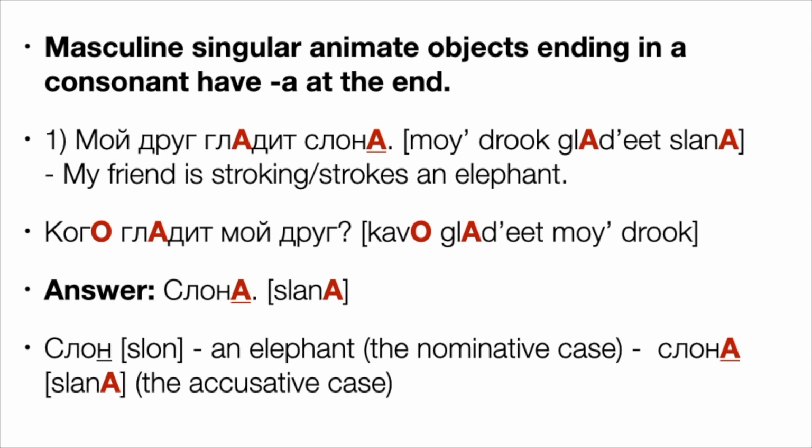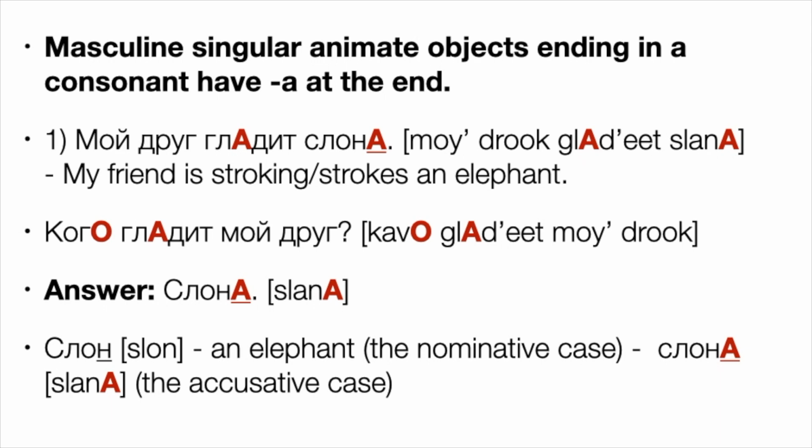Masculine singular animate objects ending in a consonant have the letter -а at the end in the accusative case. For example, number 1. Мой друг гладит слона. Кого гладит мой друг? Answer: слона.